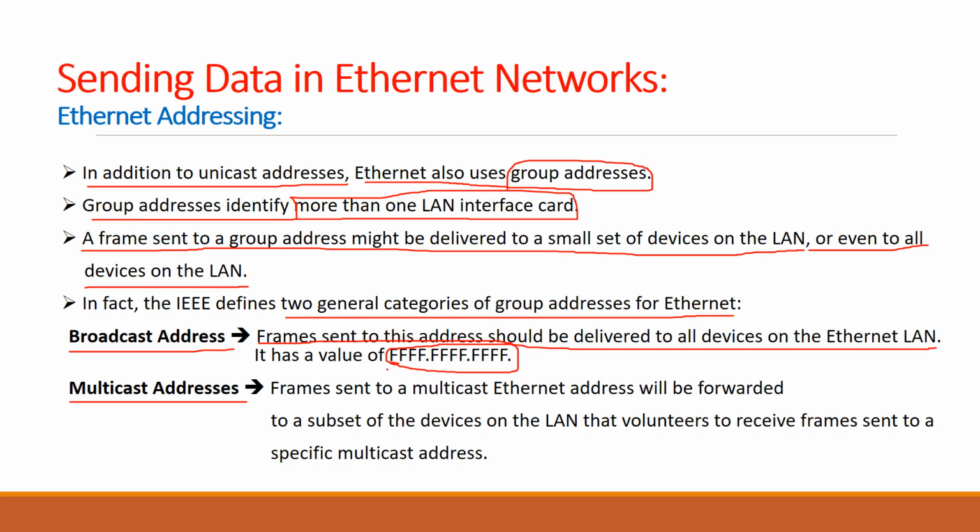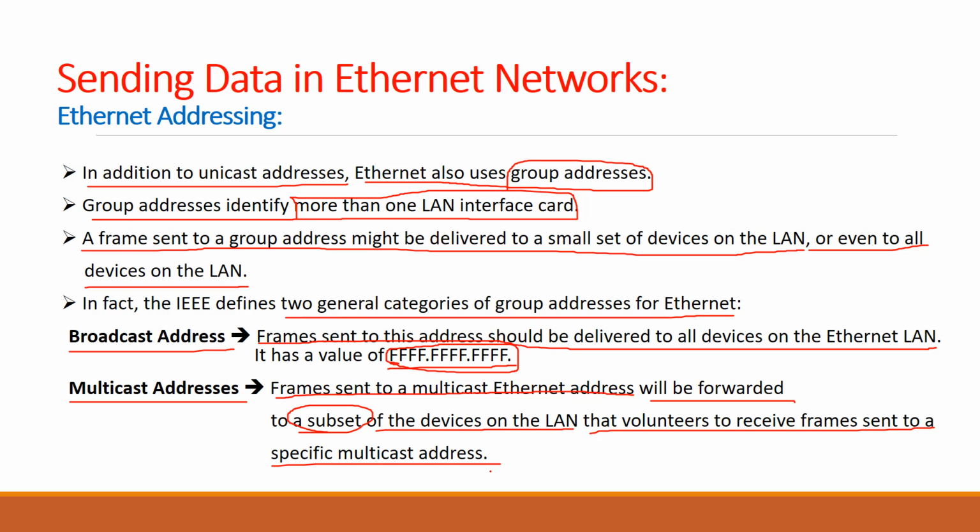In the case of multicast addresses, frames sent to a multicast Ethernet address will be forwarded to a subset of the devices on the LAN, not all, not as with the broadcast address, that volunteer to receive frames sent to a specific multicast address.